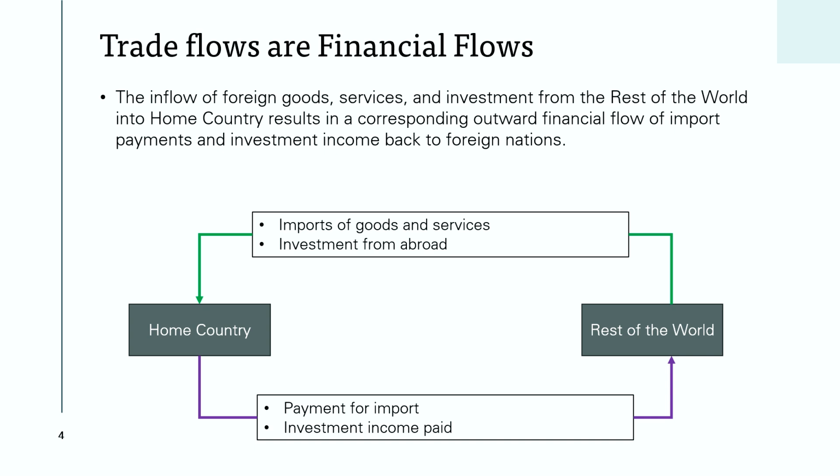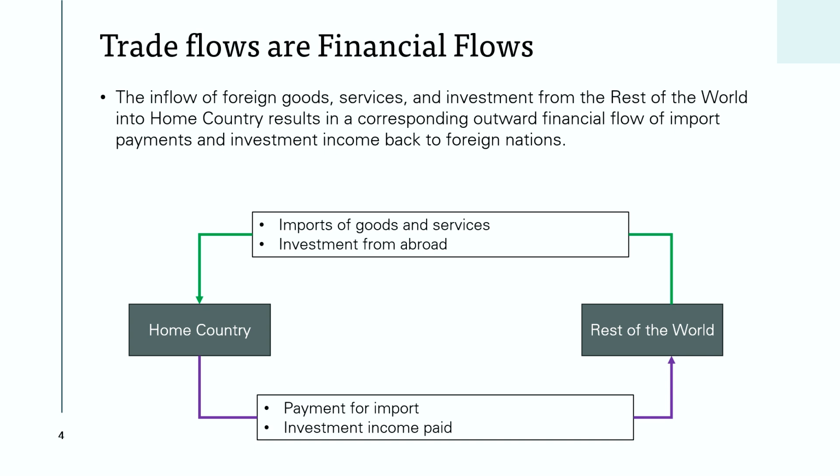The same principle applies to foreign investment. Suppose foreign investors purchase assets in the home country. Initially, money flows into the home country, because foreigners are investing there. However, these investors eventually expect returns on their investment.